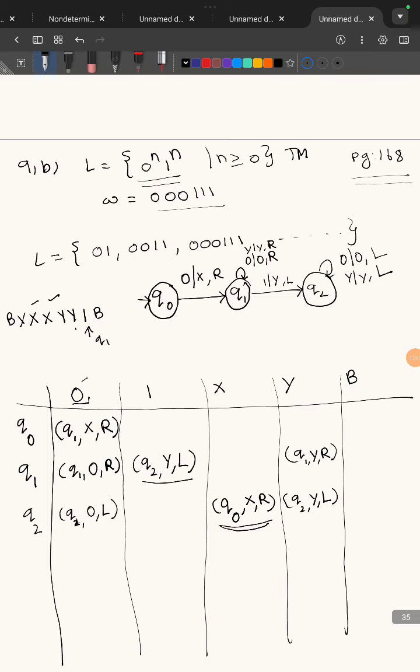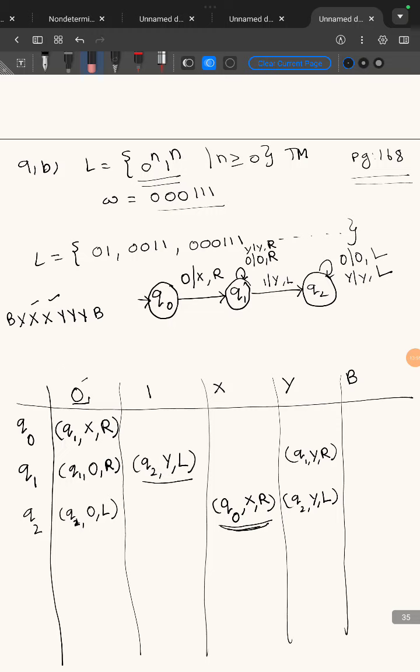We will replace the 1 with Y and we will move the pointer towards the left hand side, okay, as Q2. Q2Y, we will keep on moving. Okay, so the pointer will come here, Q2. Now the pointer will come here, it is Q2. Once the pointer has seen X now, based on the transition, what it will do? It will change the direction and change the state to Q0, right?